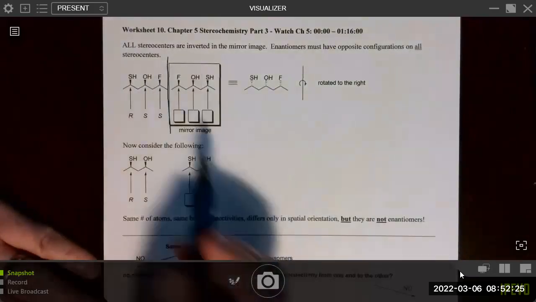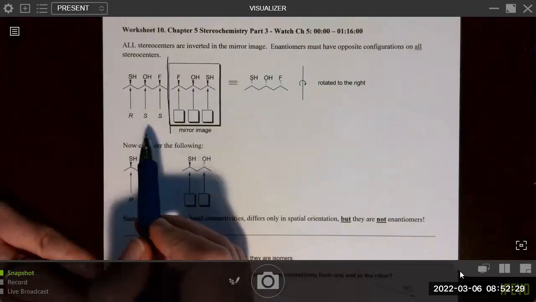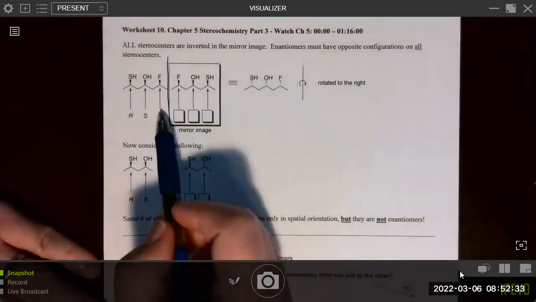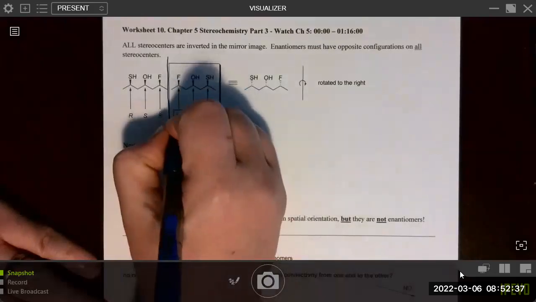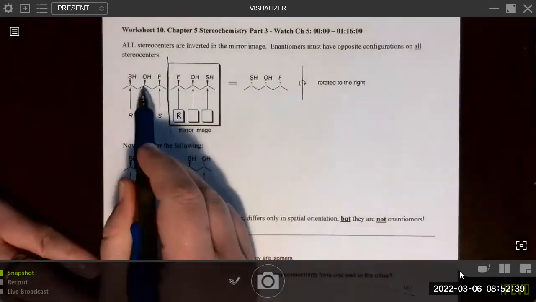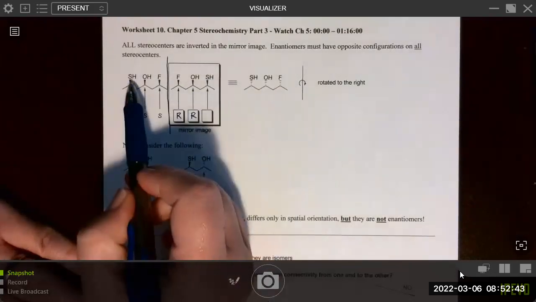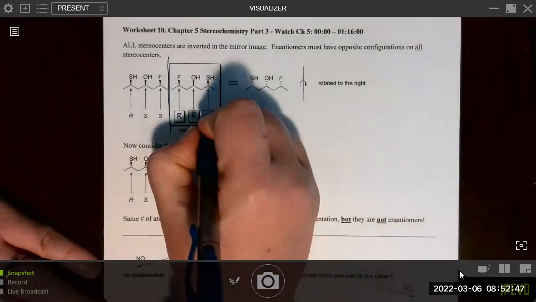So one thing that we can automatically predict is that the configuration of the same stereocenters will be opposite. Since this one with the fluorine is S, that means that this one is R. With the hydroxyl S, this one is also R. And with the thiol R, this one is S.